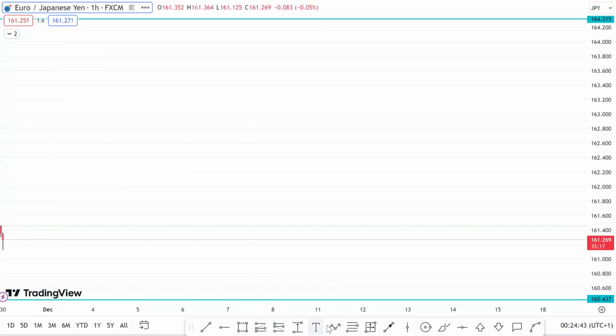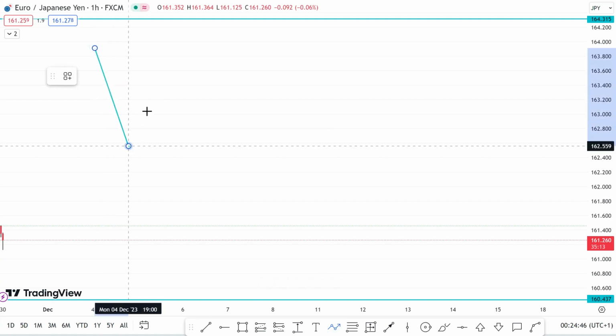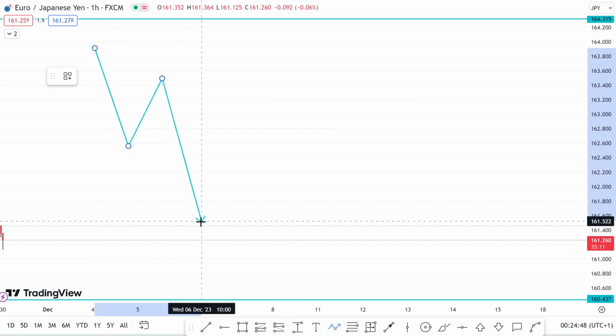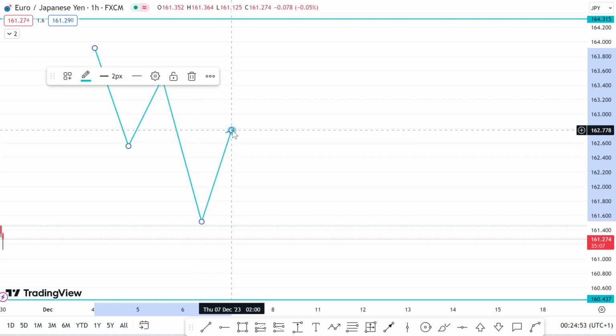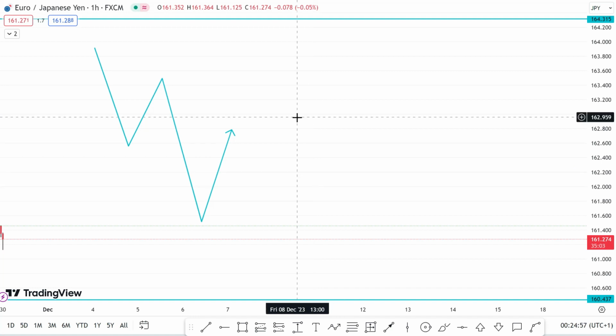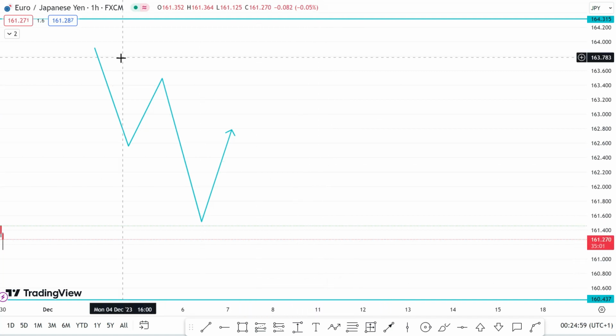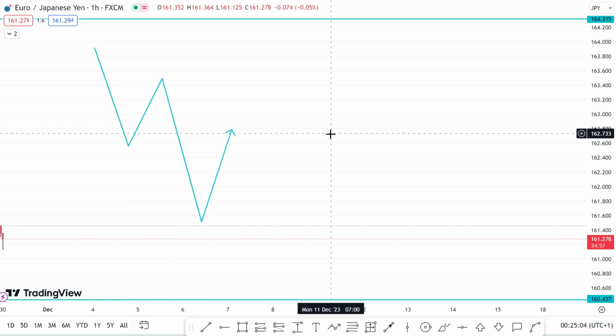Alright, so this strategy, as you all know, is applicable on a trending market. So let's say you have this in your charts and already you've done your analysis on the higher time frames and you've identified the direction of the market.